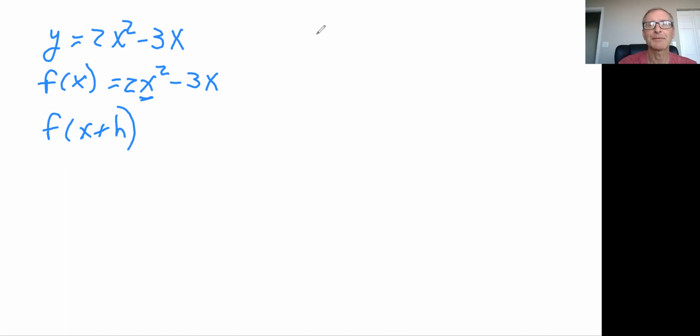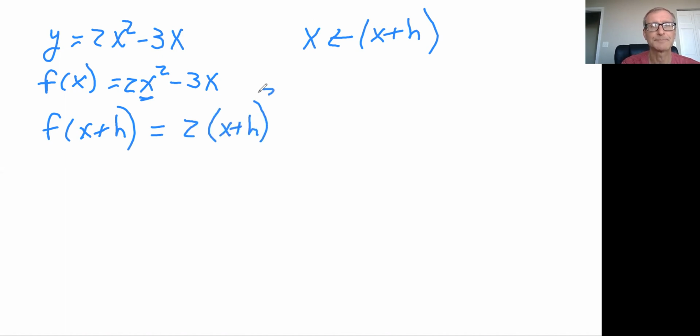So in this case, you replace x with the whole thing, x plus h. So let me walk you through the algebra as well. So you would have 2, and then replace x with x plus h, and this one's squared, right? And then you have minus 3 times x plus h.